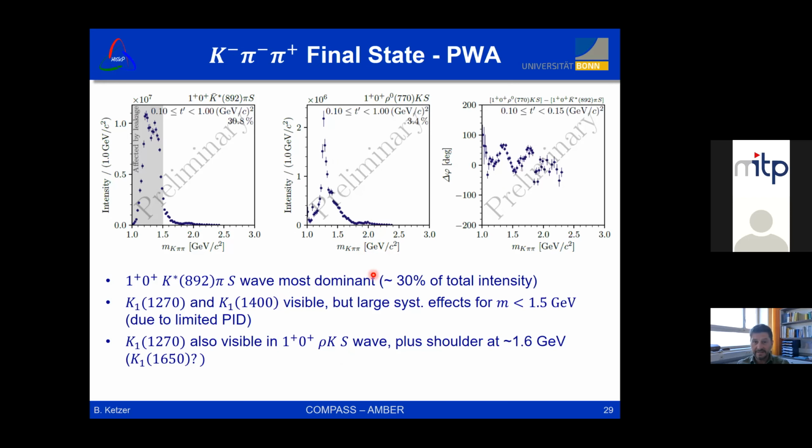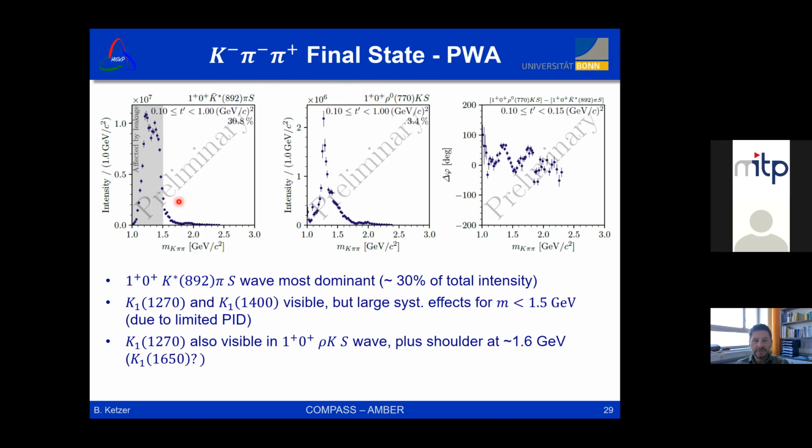Now, we actually did a preliminary partial wave analysis on this final state, since basically you can just use the machinery we have for the 3 charged pions, replacing one of them with a kaon. But what we see here is that the K star pi S wave is the most dominant, with some resonances visible.